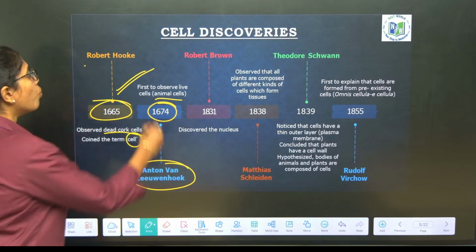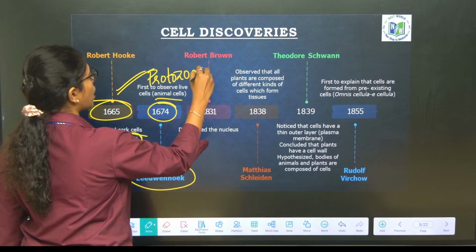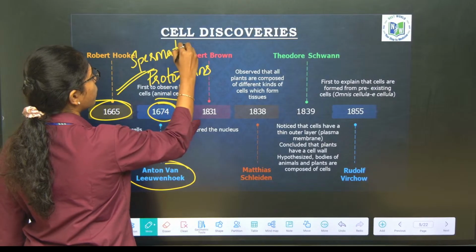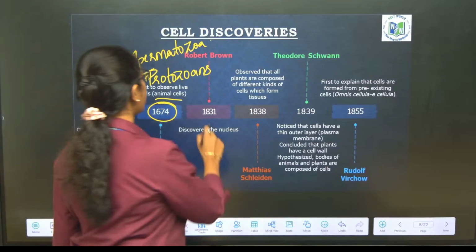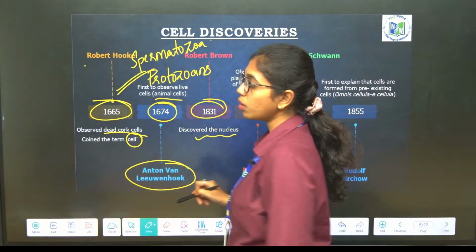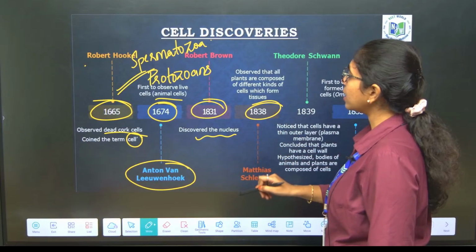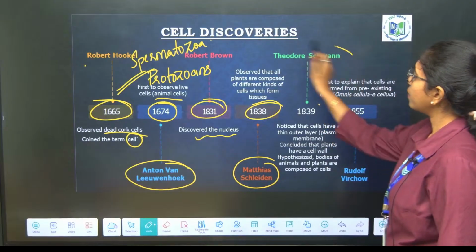Animal cells, mostly protozoans and spermatozoa. And then Robert Brown in 1831 discovered the nucleus from orchid root cells. And then in 1838, Matthias Schleiden and Schwann gave us the cell theory.